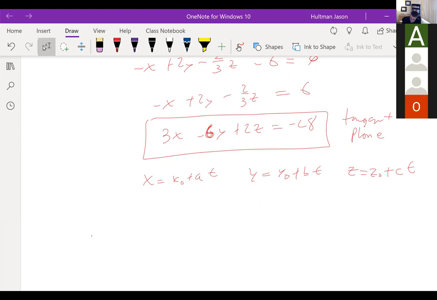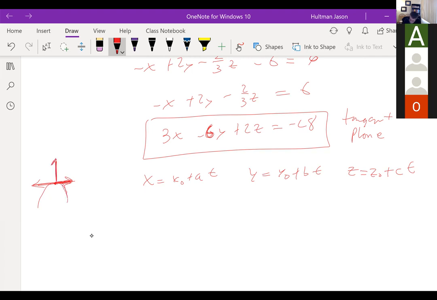So we want the normal line at this point, right? Say whatever our surface is, and we want the normal line at the point. So we could have a tangent line through this, which we would call tangential, and then we can have the normal.